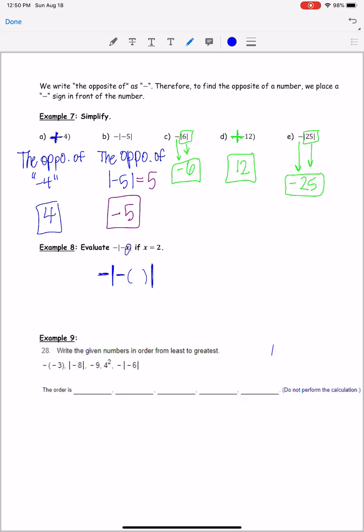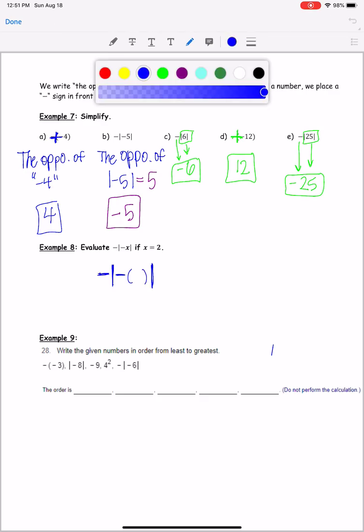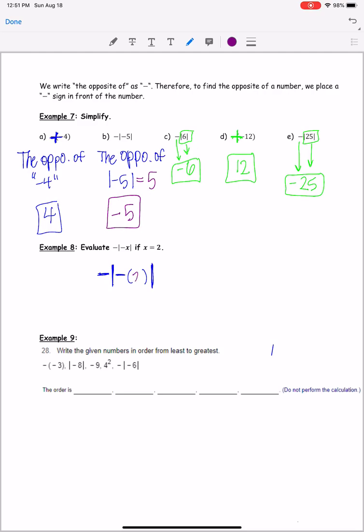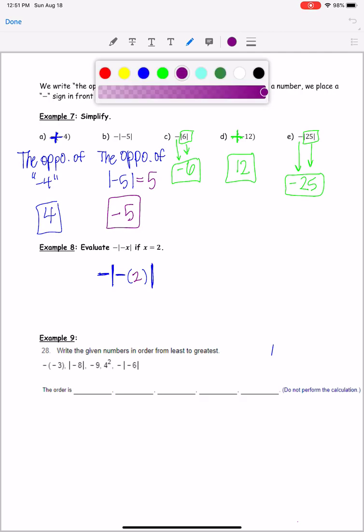Well, I know that x equals 2. So I'm going to put a 2 in where I see that x. Now evaluate. The absolute value of -2 is +2, but then that negative on the outside needs to come down, and so this becomes a -2.